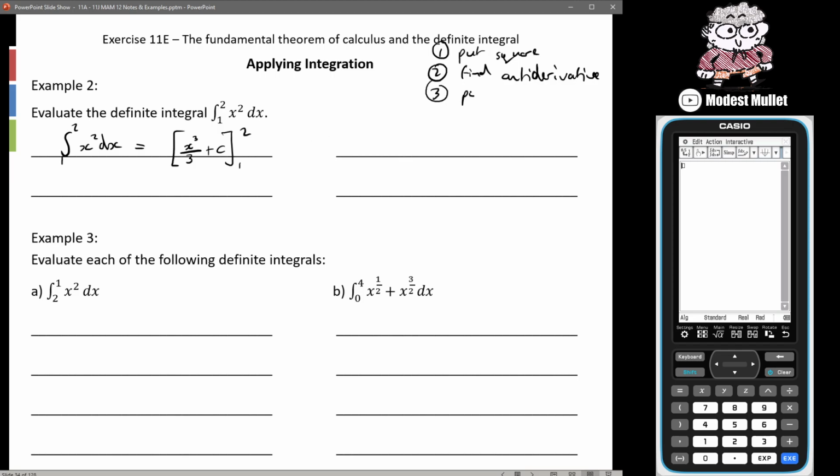So we put end points, we'll call it for now. Okay. And then step 4 is we're going to sub in endpoints.